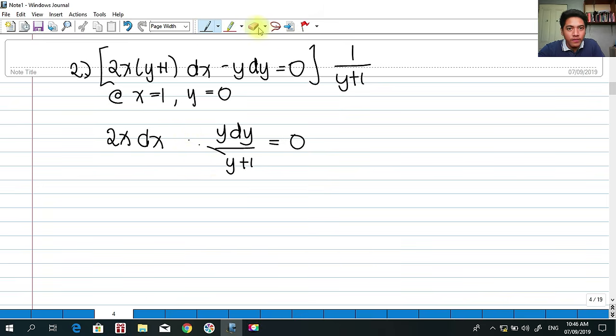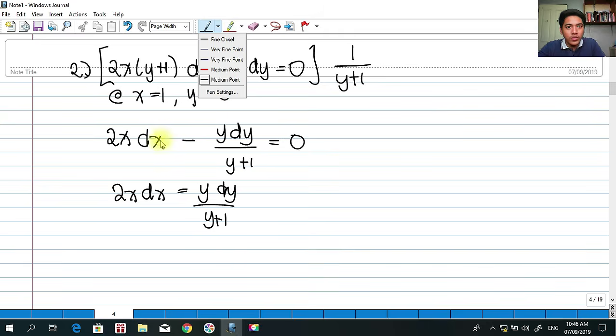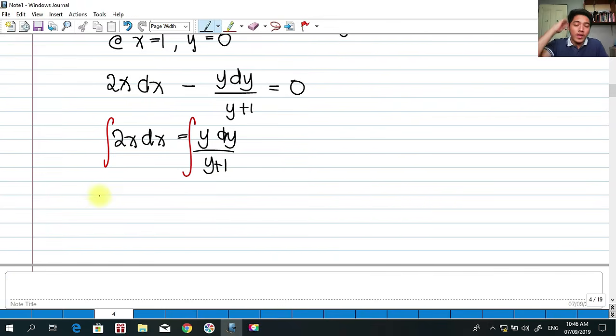The next step is again to integrate. I will rewrite this as 2x dx = y dy over (y + 1). If I integrate both sides of the equation, we will be able to come up with the constant.